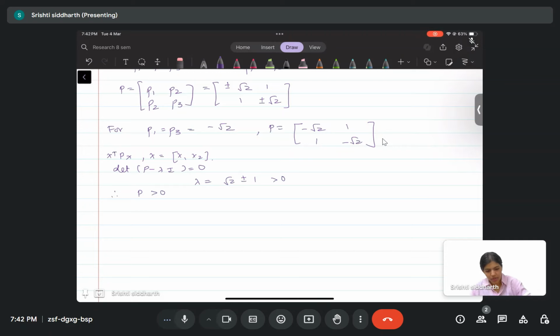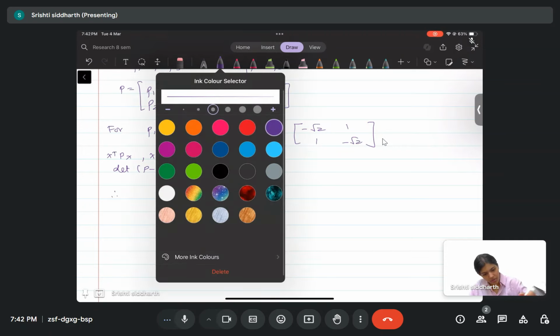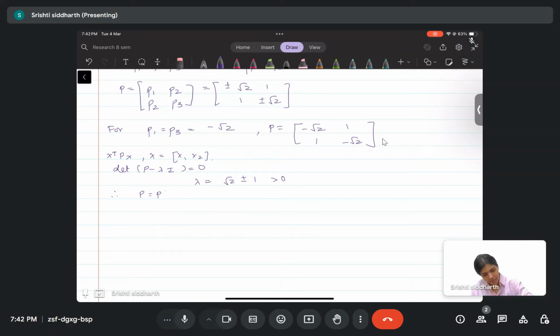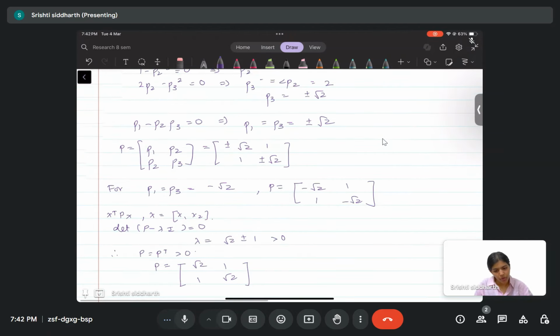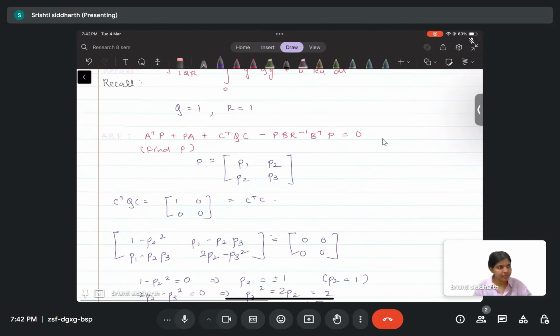P equals P transpose. So we have found a P for the cost function.